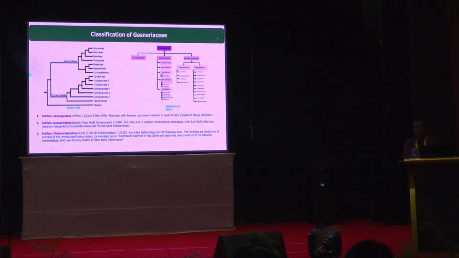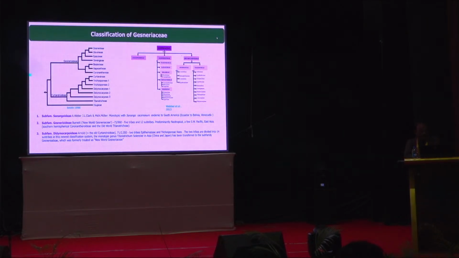This is the classification of the family Gesneriaceae. On the left side you can see the classification given by Smith in 1996, in which he recognized only two subfamilies, while Weber et al. recognized three subfamilies.